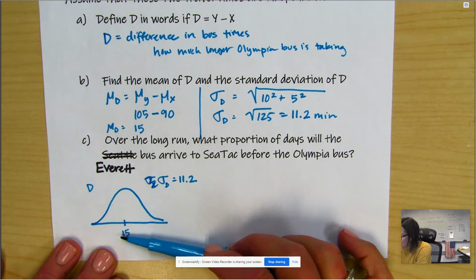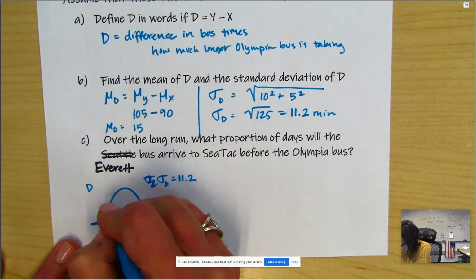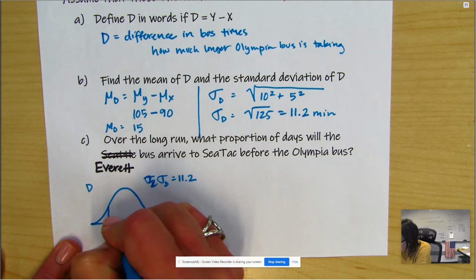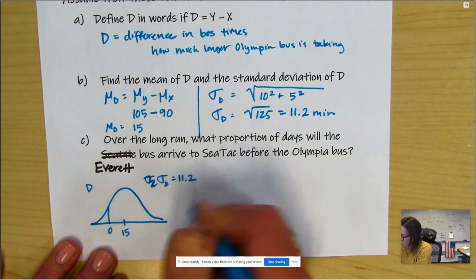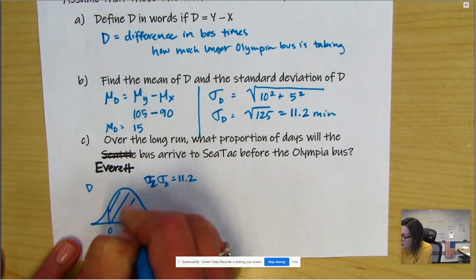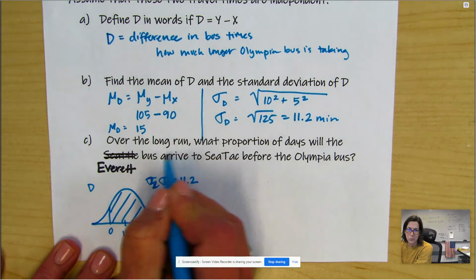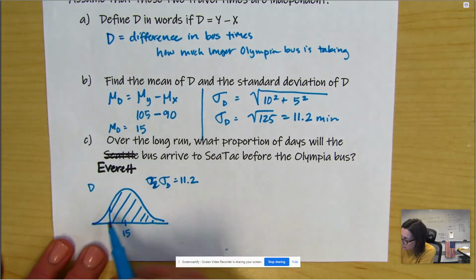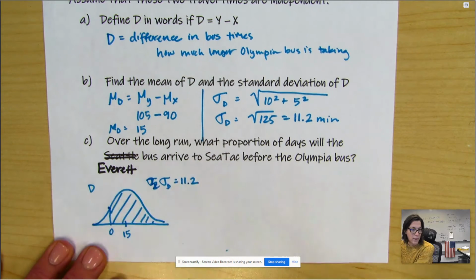So it wants to know when will Everett get there before. So we're going to go to 0. Anything above 0 means Everett is getting there before because Olympia is taking longer. So we're trying to find this. I think originally on the key I put the other side because I misworded that. So we still are going to find the z-score and the percentile and then subtract it from 1.